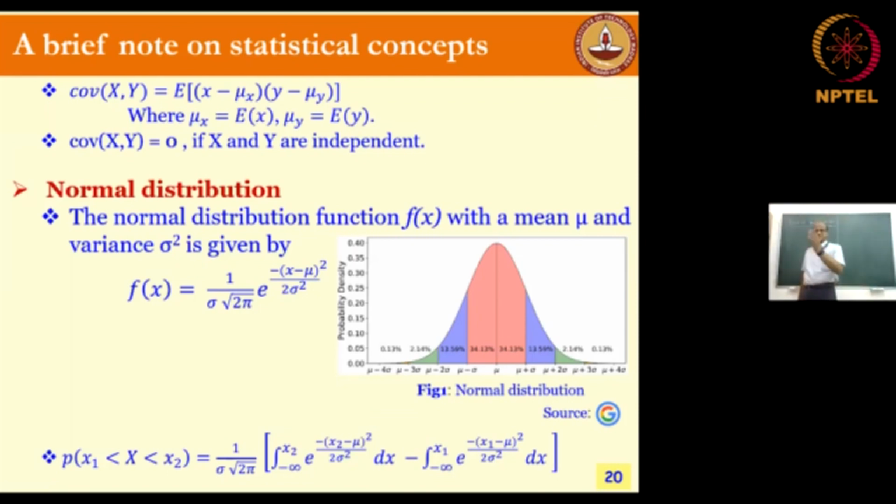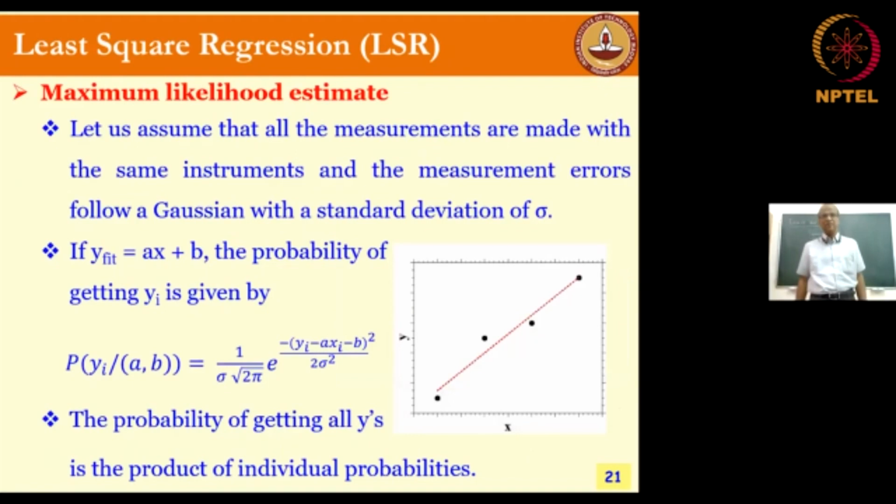The abscissa is the random variable x, and at the center x equals mu. Then the probability of some random variable x lying between two limits x1 to x2 is given by the integral from minus infinity to x2 minus the integral from minus infinity to x1. Is it okay?